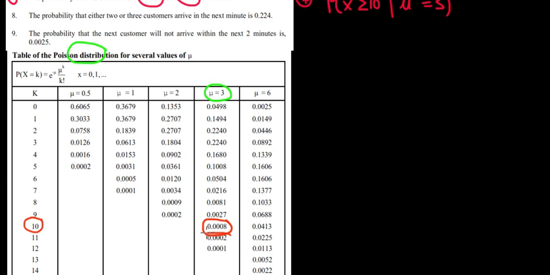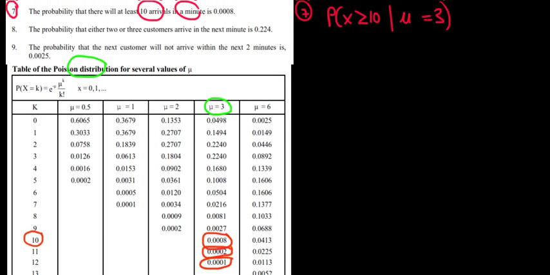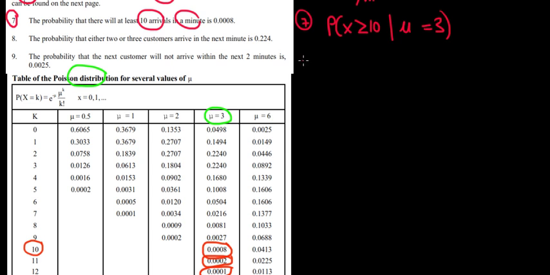Then we have x equals 11 and x equals 12. Let's just work out this math real quick and we'll explain the intuition why it is that way. Let's write the results. That probability is going to equal 0.0008 plus 0.0002 plus 0.0001.